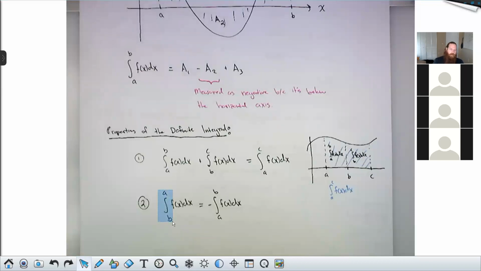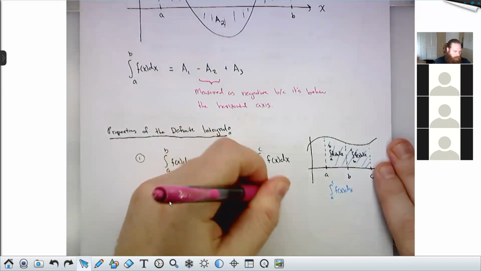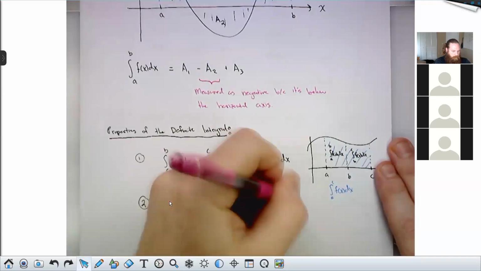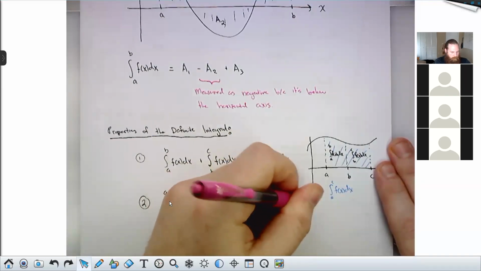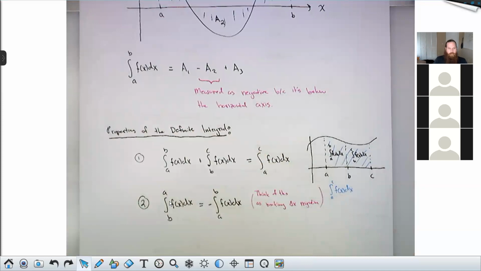If a is the smaller number and b is the larger number, then when you take this minus this over n in your Riemann sum, delta x would be negative. So for example, if the integral from 0 to 5 of f of x was 2, then the integral from 5 to 0 of f of x would be negative 2.